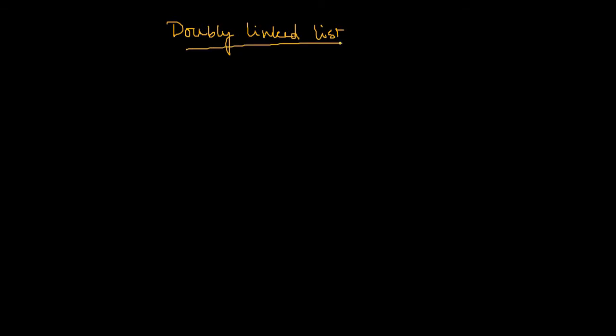So what is a doubly linked list? The idea of a linked list is not different over here. The only difference is the connection. If you compare the singly and doubly linked list, initially in a singly linked list, we had a situation something like this.